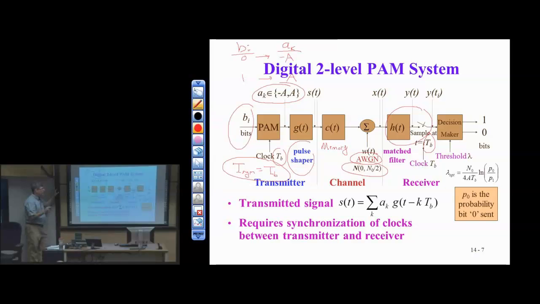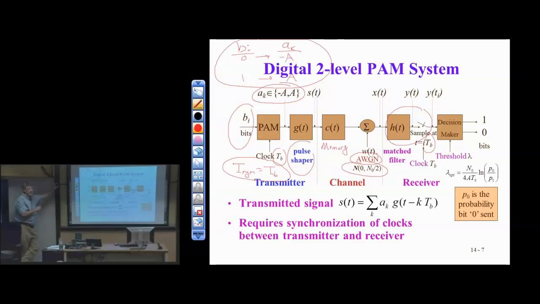I use that one value to decide, by comparing it against some threshold, whether a bit of value 1 or 0 was sent, based on the constellation map that I'm using. That's the signal path for both the transmitter and receiver to get bits from one place to the other.